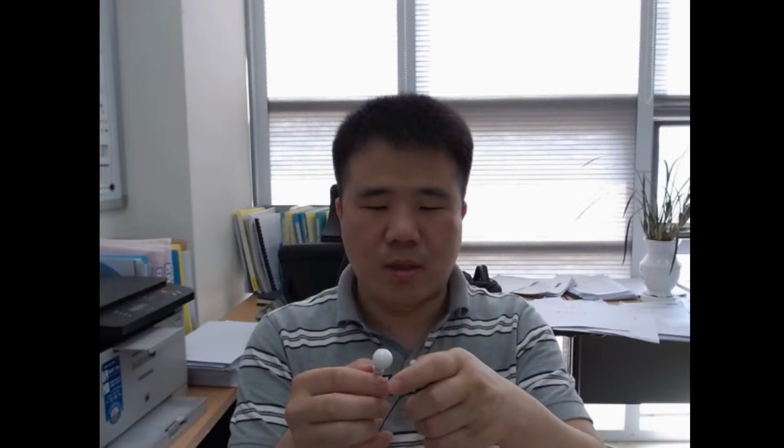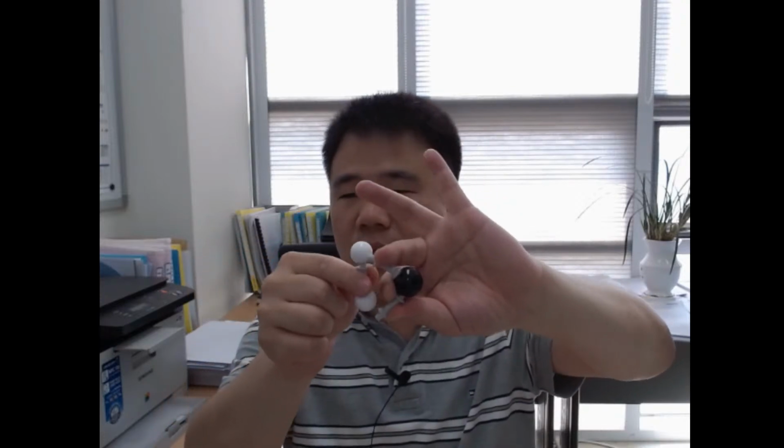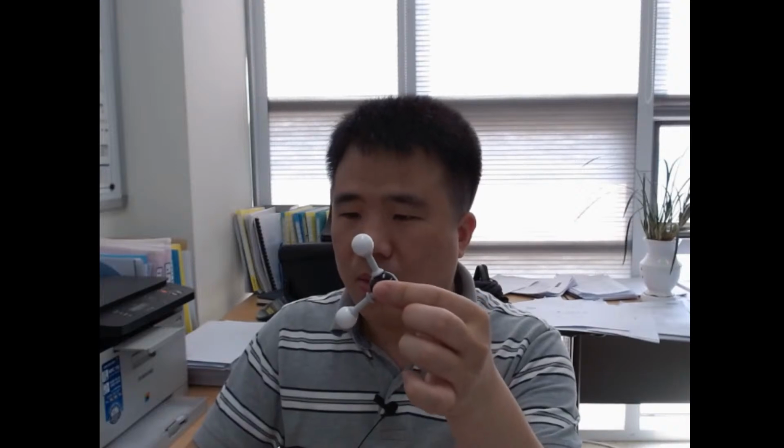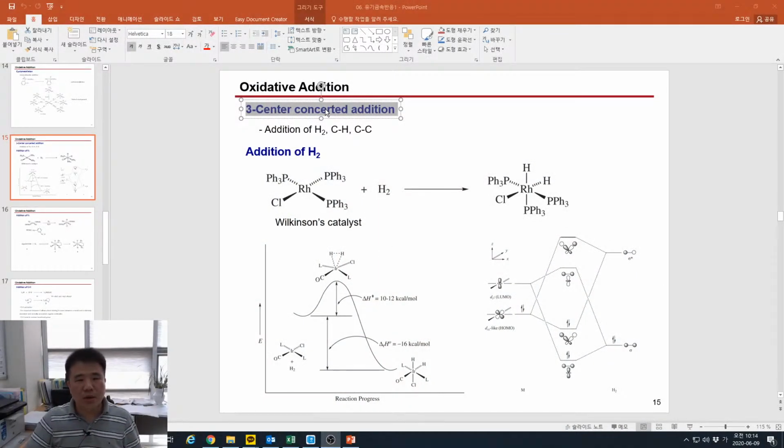If the transition metal comes to the hydrogen gas, it generates a 3-centered transition state, and then concertedly, 동시에, concertedly, the hydrogen is added to make this. So we call it 3-center concerted addition.